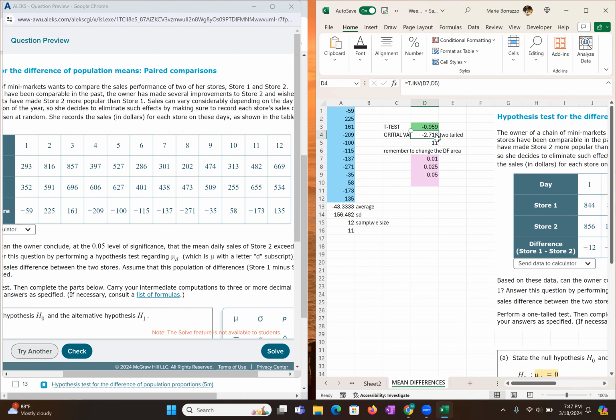This is of D7, which is the value of negative 0.959, comma, and then D5. D5 is our value here, which is 11, degrees of freedom 11. So that value gives us negative 2.718. This is being the critical value.